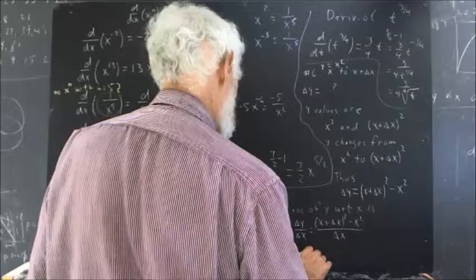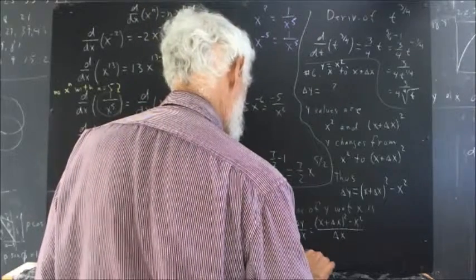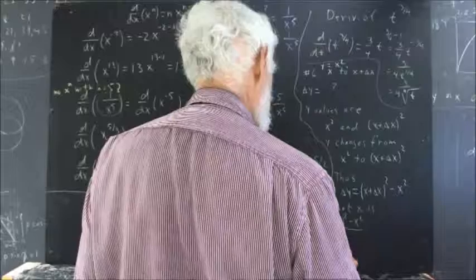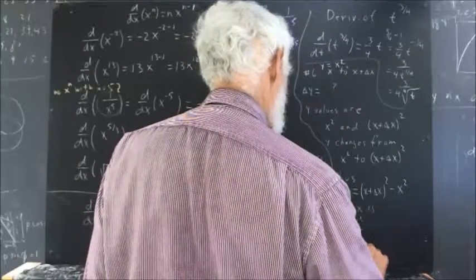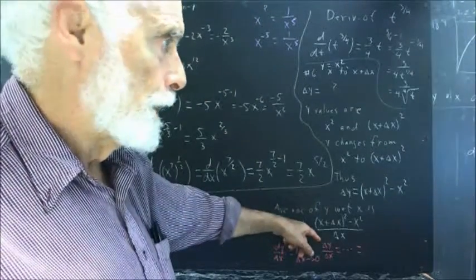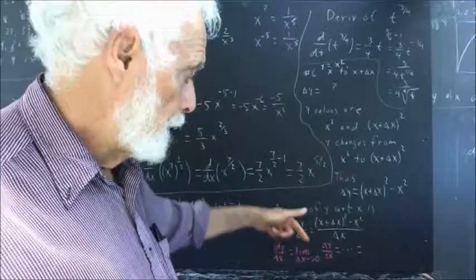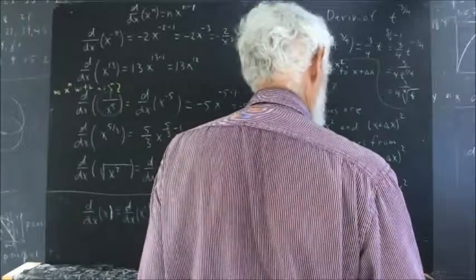That's going to be the limit as delta x goes to 0 of your delta y over delta x. And of course, this is a quantity that you simplified and then took the limit of as delta x goes to 0. And just as before, we would get 2x.